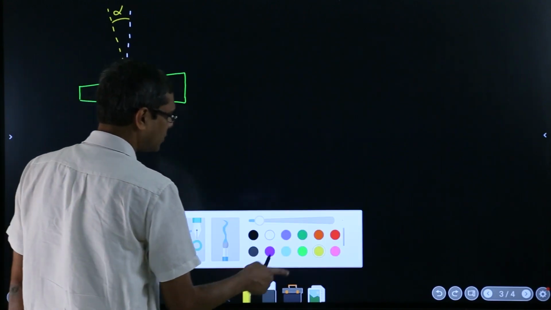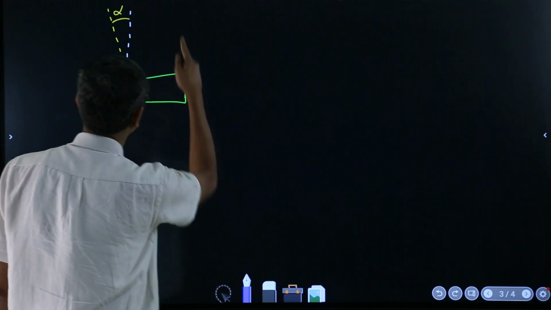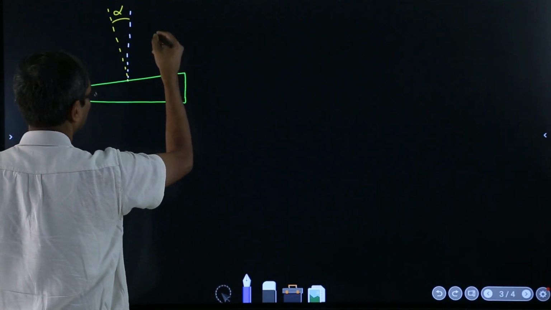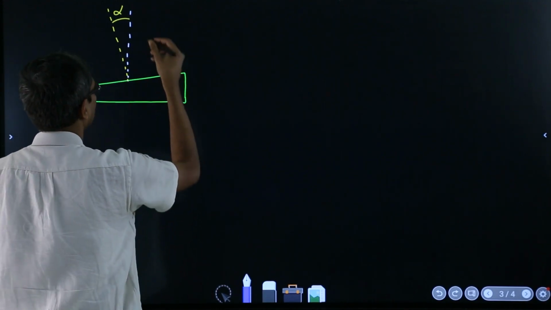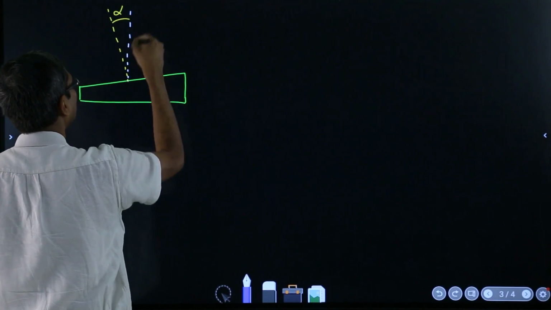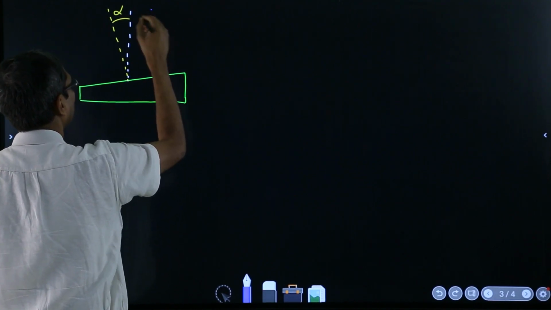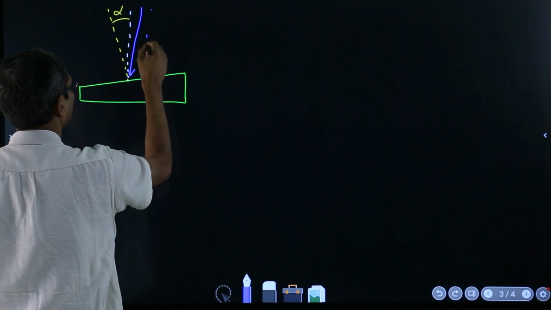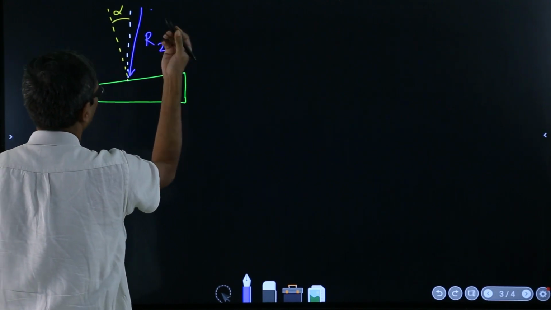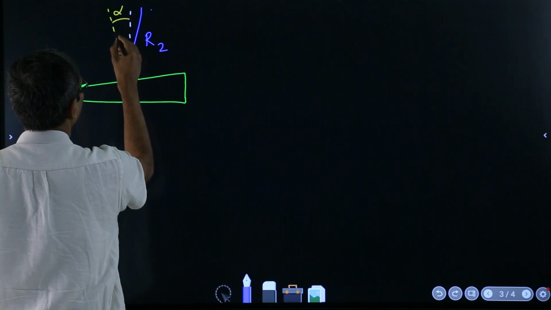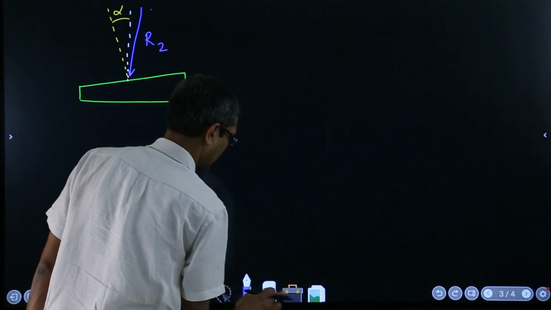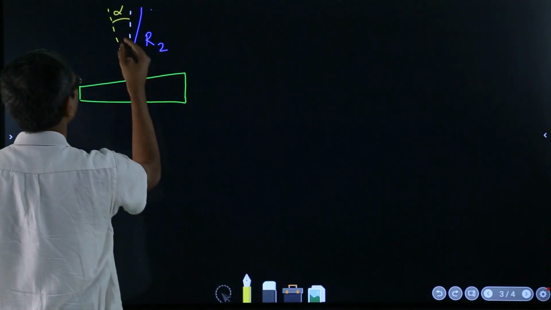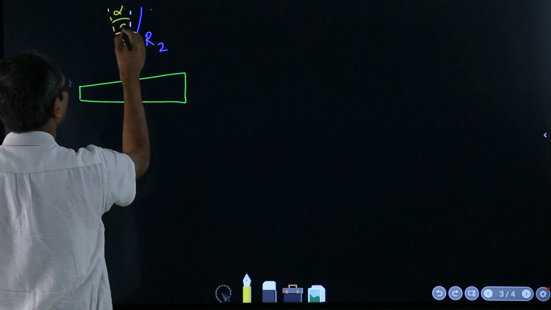Let's try to draw the reaction force which is coming. The reaction will come in this direction. So this is R2 which I had drawn, and I'll say this angle being phi.